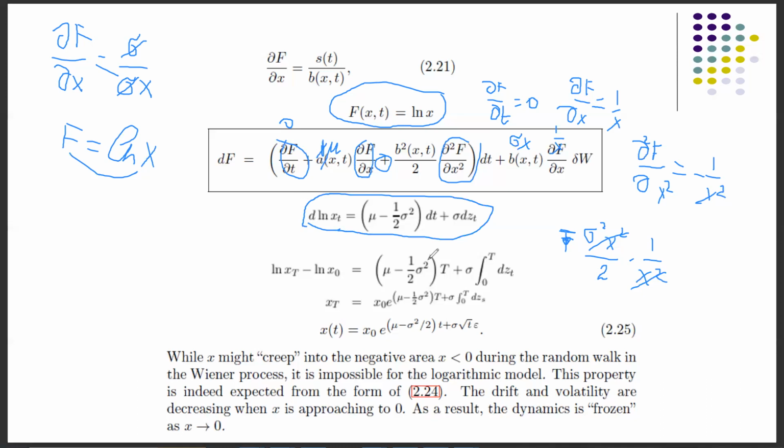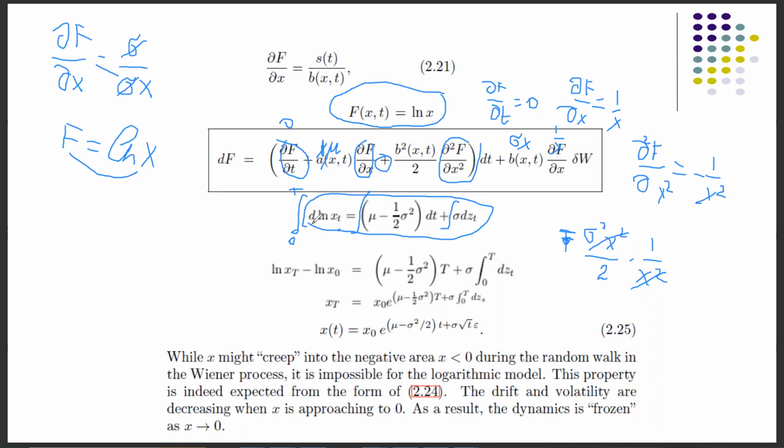So we obtained this equation, and now we need to integrate the left and right sides from 0 to capital T, where T is time to maturity.